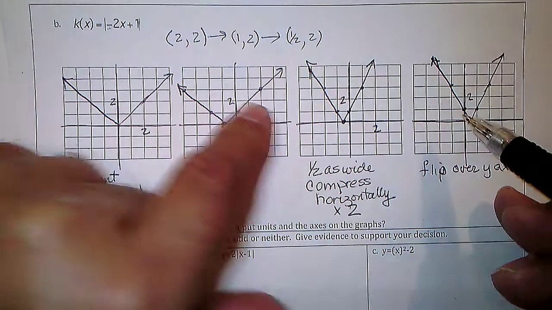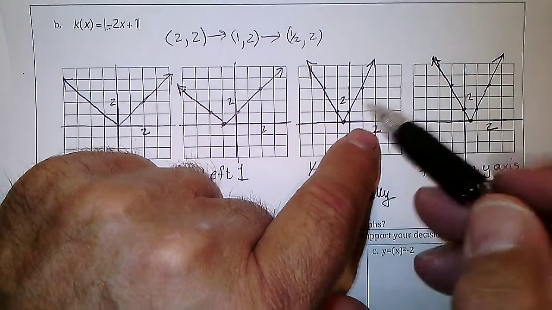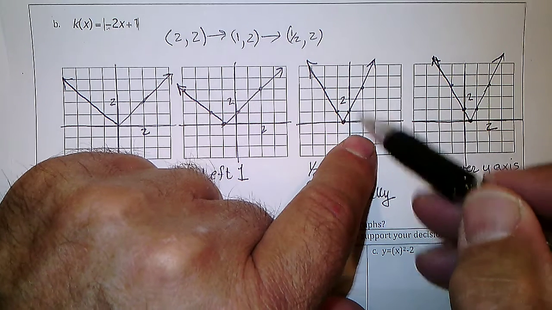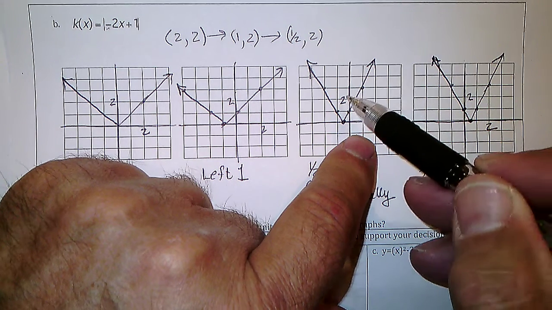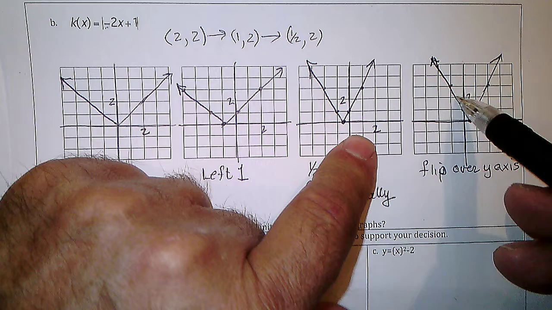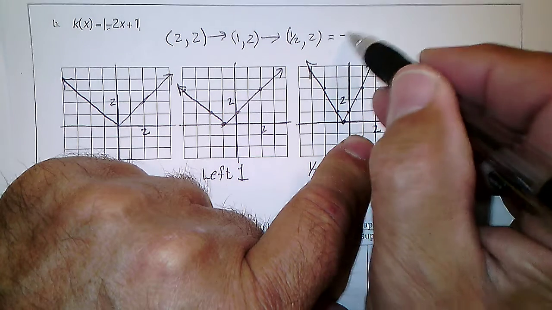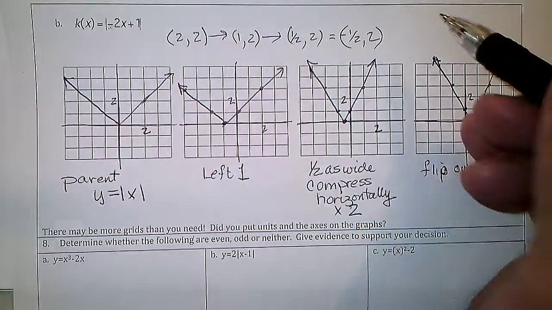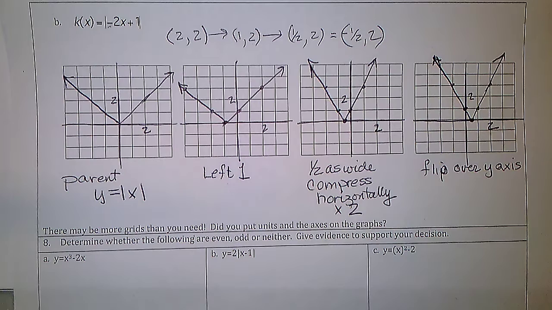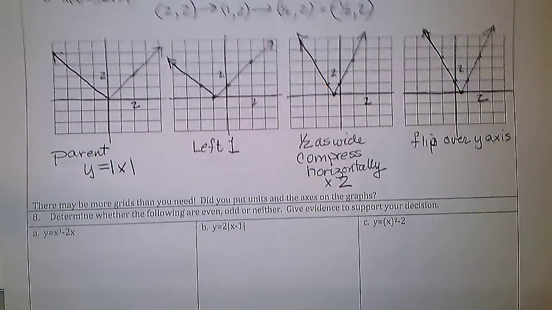And then where did it go? It went to a half, 2, and then it flipped over, so it went to -1/2, 2. And you should be able to do images of points also. I didn't ask for it on this one, might on the test, okay?